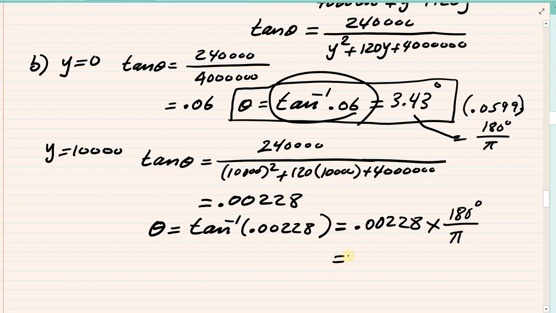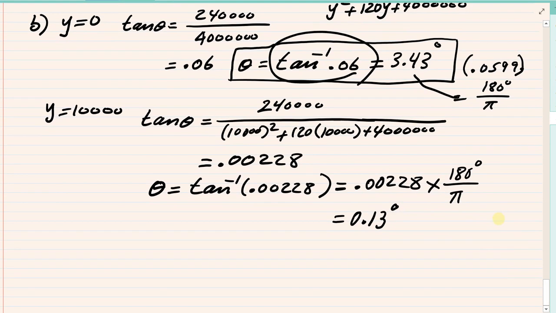So it's 0.00228 times 180 divided by pi, and that's 0.13 degrees. So the viewing angle at the launch pad is small, but notice once the rocket reaches 10,000 feet altitude, that viewing angle is almost diminishing, isn't it? It's getting very small.